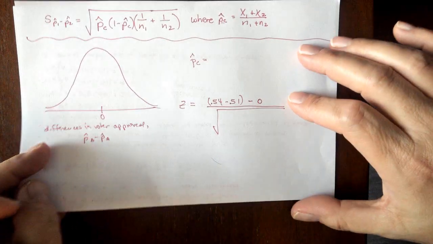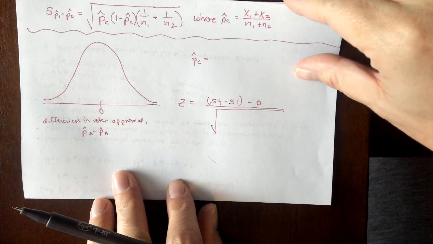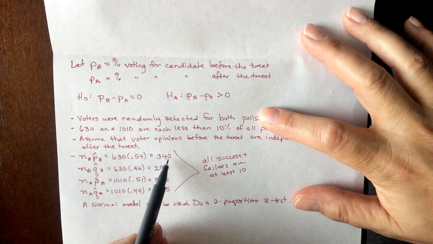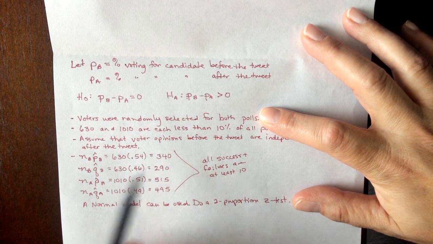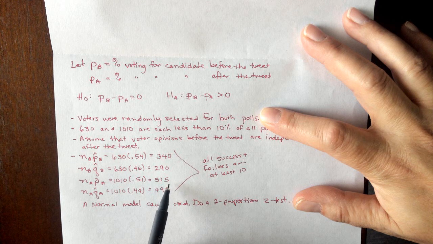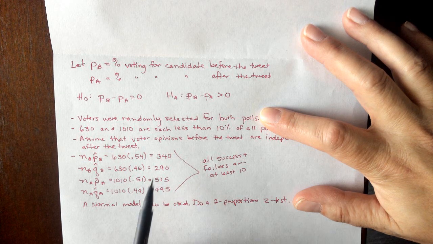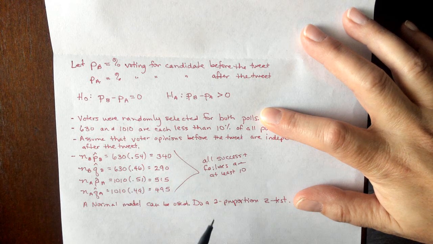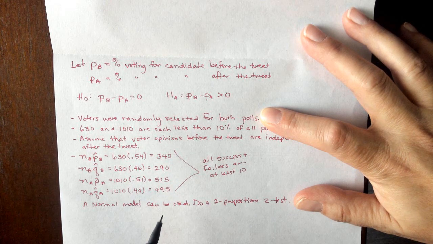So if I flip it back over, I'm going to remember that I had 340 successes in the first group and 515 successes in the second group. So 340 plus 515. I've computed that back here. They are always whole numbers. You always round those to the nearest whole numbers.